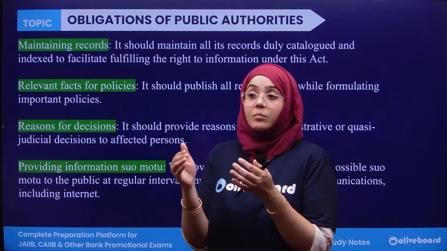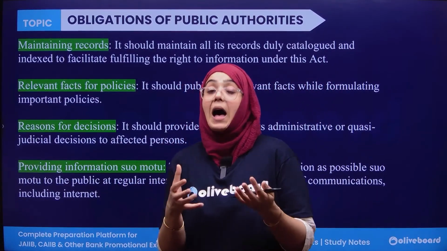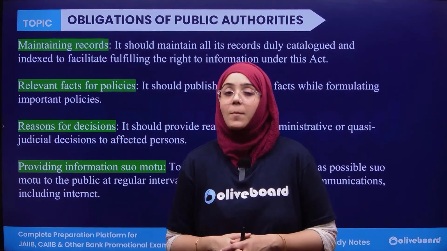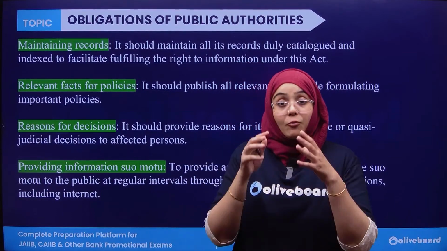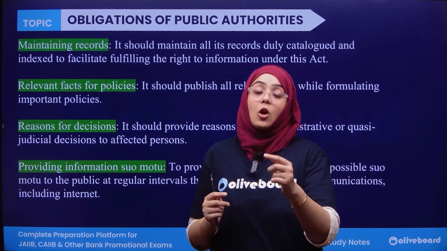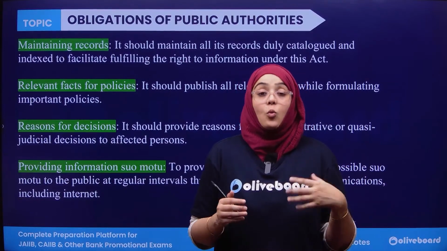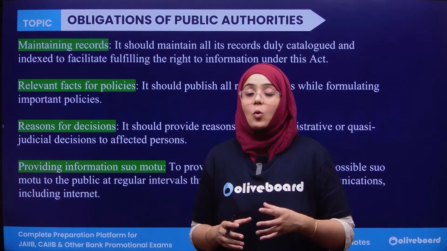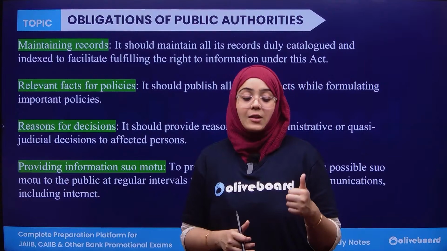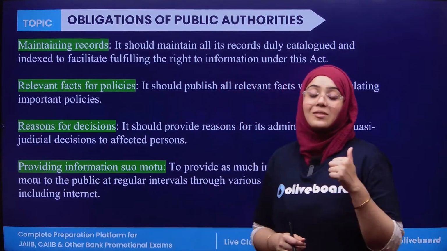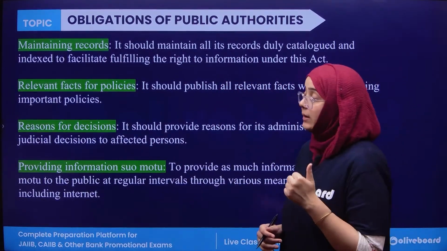If the public has the right to ask for any piece of information from the public authority, the public authority should maintain a record of information which they can disclose to the public. Maintaining the record is very compulsory for the public authority.